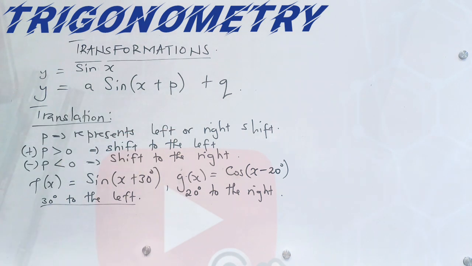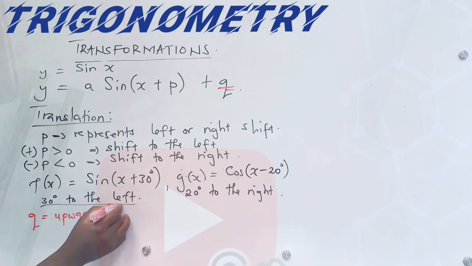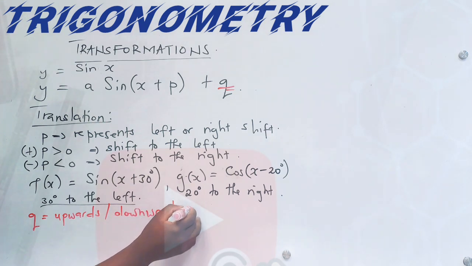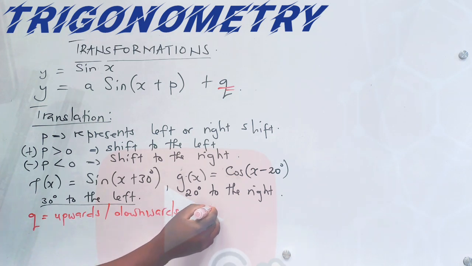Then now, let's go for Q. We want to see what Q represents. This Q represents up or down shift, upwards or downwards shift or translation.